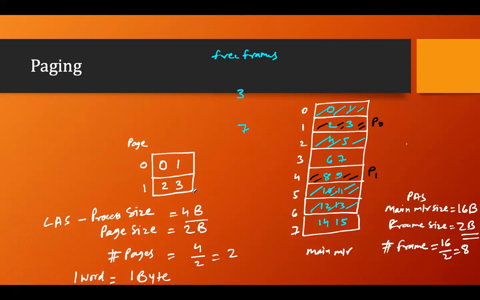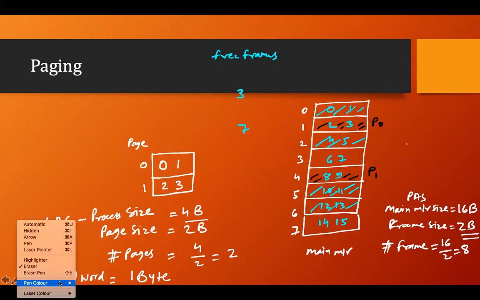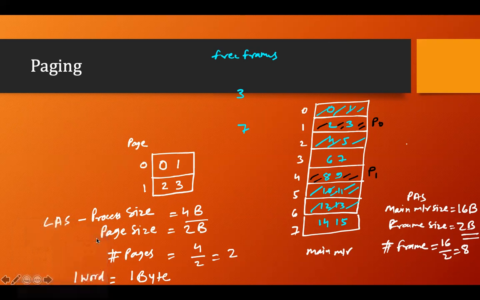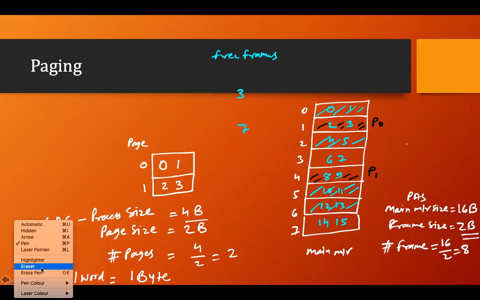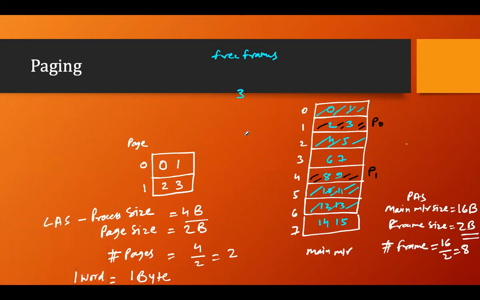Now, we don't have to do much here, but we have to think that process P0 is allocated in frame number 1 and process P1 is allocated in frame number 4. Remember, I talked about the memory management unit, which converts the logical address into the physical address. Here, in this example, that will be the page table.